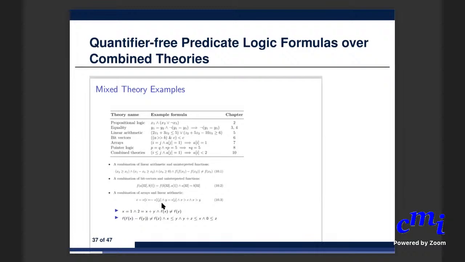Assuming the elements of the arrays are reals, you can have formulas of this kind where the atomic formulas are from different theories. So this is an example which combines linear arithmetic and arrays.